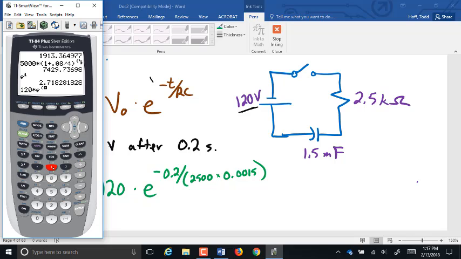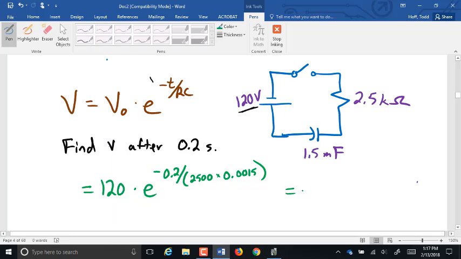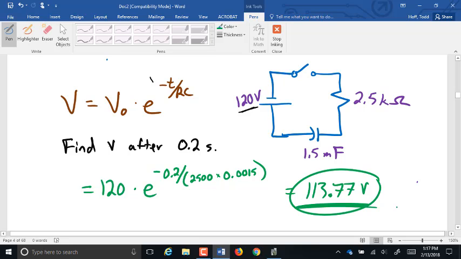Now, in many of your calculators, you're going to need two sets of parentheses in this exponent. Negative 0.2 divided by, then you need another open parentheses, 2,500 times 0.0015. Then you have to close your parentheses twice within your exponent. That gives you 113.77. So after 0.2 of a second, that capacitor is now discharged down to 113.77 volts.